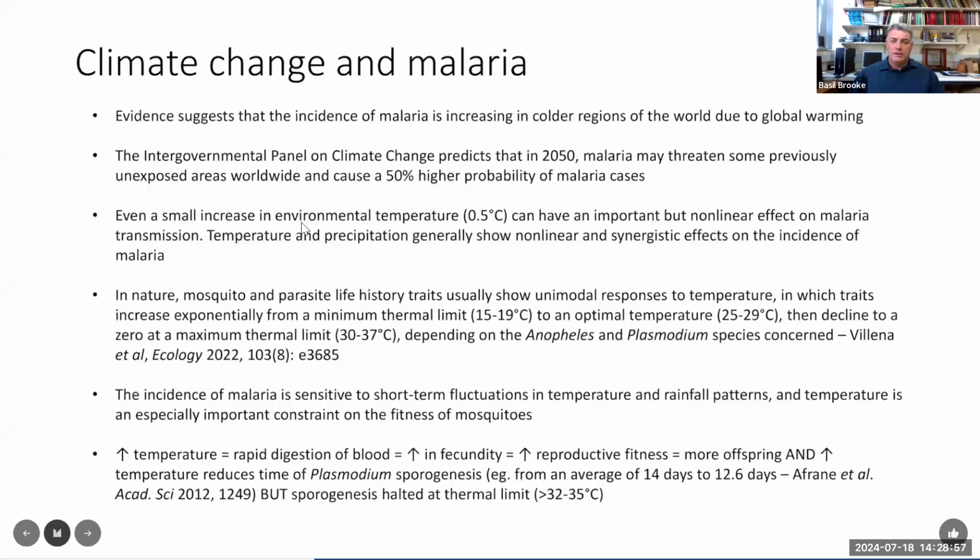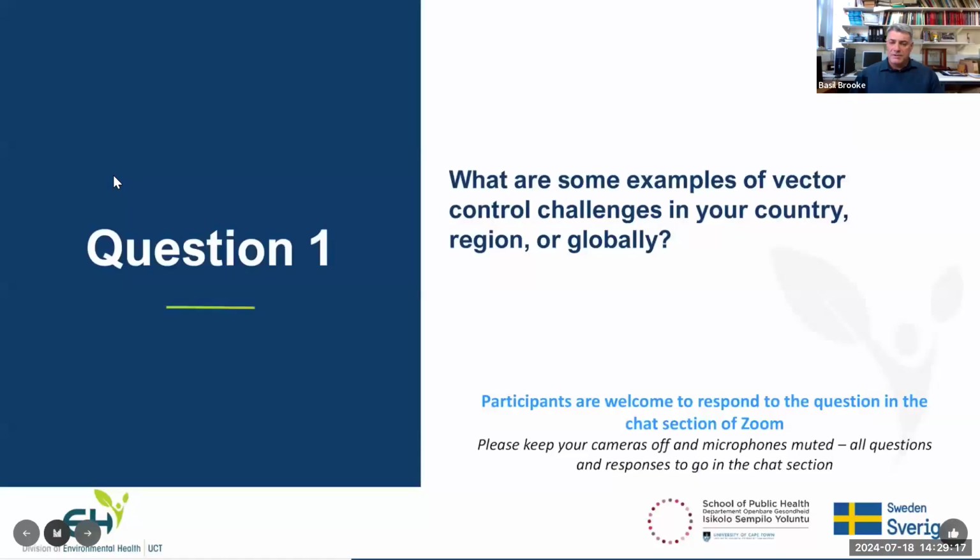And so trying to model how climate change is going to affect malaria is very, very difficult, because it depends on the biology of the mosquitoes. It depends on the biology of the Plasmodium parasites. It depends on what people do in terms of how they use the land and how well mosquitoes can adapt to land use.